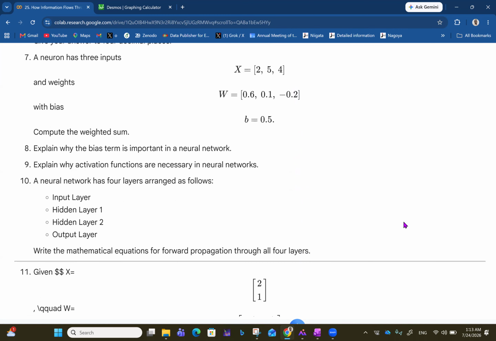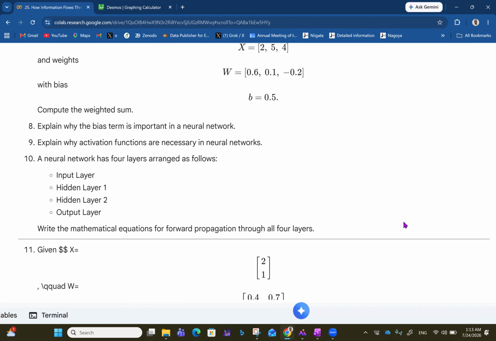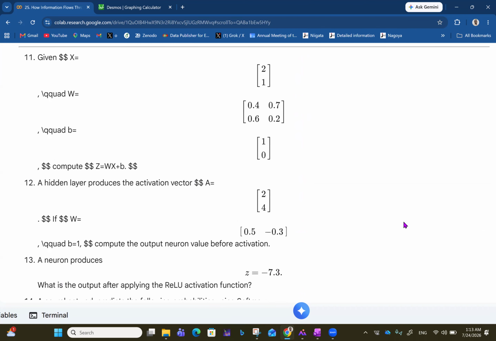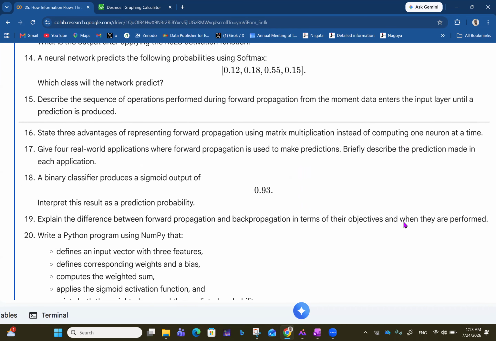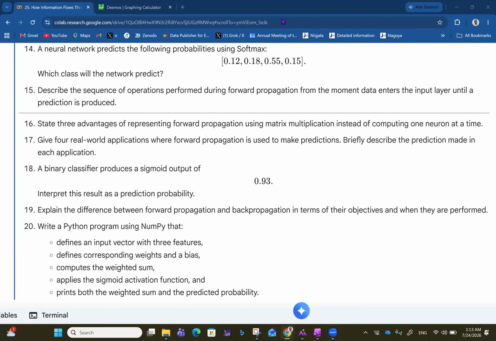Then you can see 7. I even went the extra mile of doing the activation functions, so you can see 7 to 10 clearly here. Then you have 11 to 13, and then 14 to 20 right here.